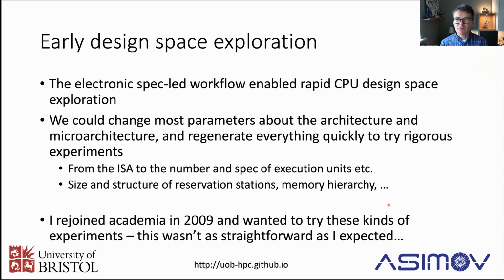We could try experiments. We could ask what-if questions. What if we have more integer units? What if we change the size of the reservation stations? What does that do? You just change one file, and everything would rebuild, the simulators, the compilers, everything, and then you could run the experiments. So this was great for actually designing these processors.